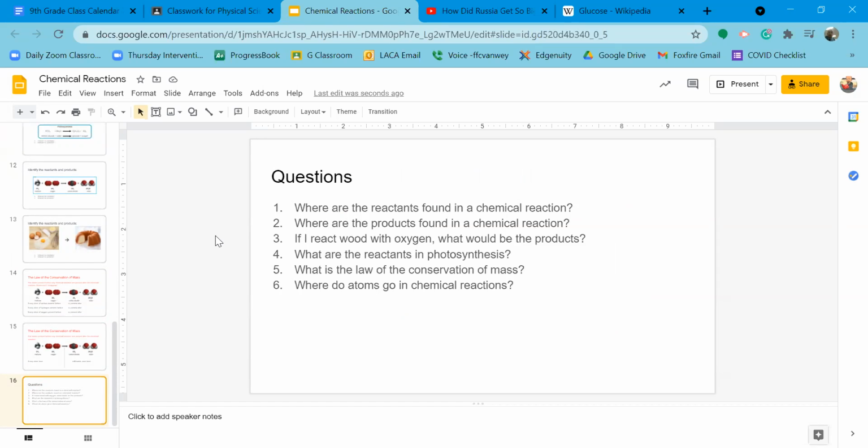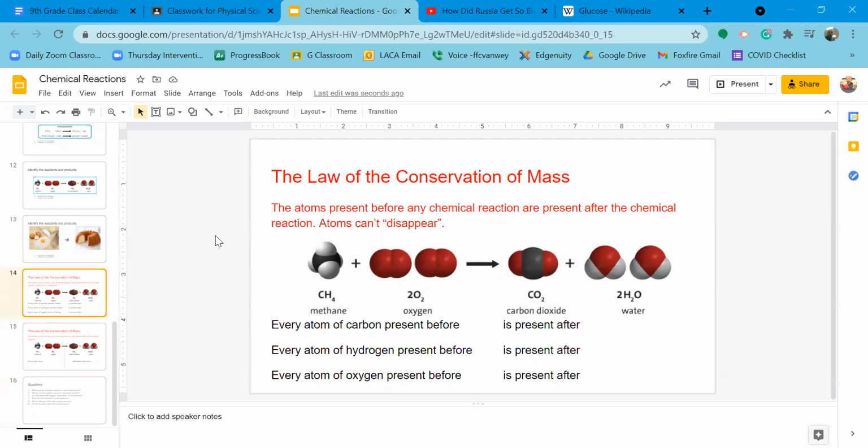The law of the conservation of mass tells us that the atoms that exist in the reactants also exist in the products of any reaction. And the atoms in chemical reactions do not go anywhere. They just reattach to the atoms of the other reactants in a new way.